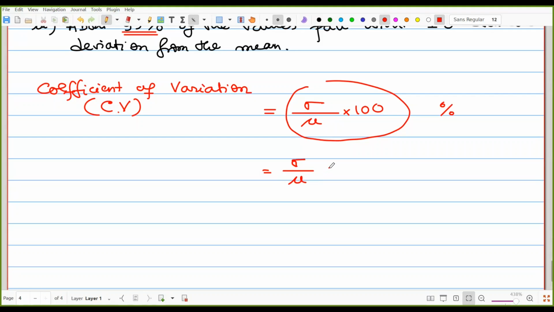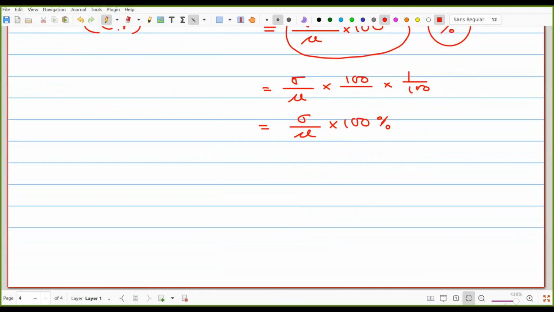Sigma by mu into 100 into 1 by 100, that means percentage. So that's why we have to write it using percentage.